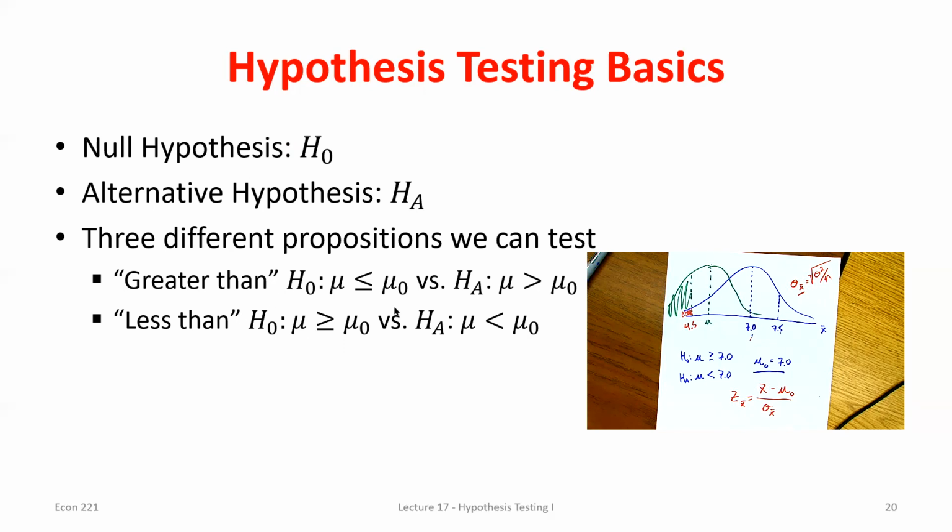So we've got the greater than and less than tests named after the sign we see in the alternative hypothesis. Another way we'll refer to these tests is right tail and left tail, okay? That makes sense because in this example, our alternative hypothesis was that the mean was less than 7%.